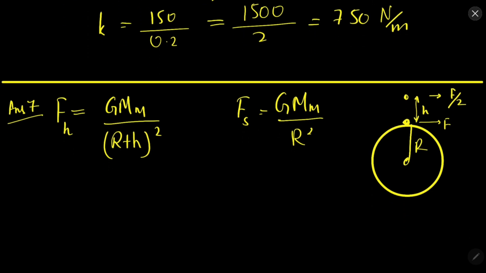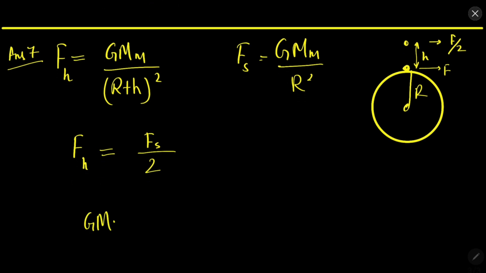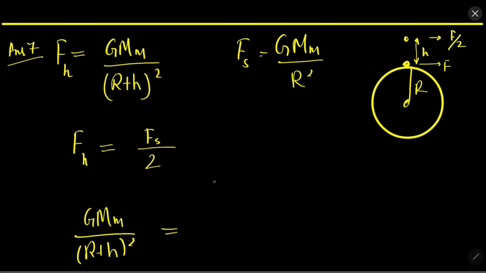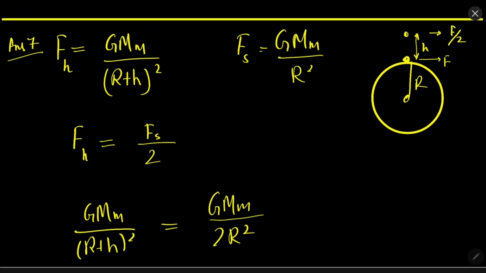So now we have been given that the force must become half at the height. So F h will be half of the value at the surface. So G M m upon (r plus h) whole square equal to G M m upon r square and half, so therefore 2 is also there.